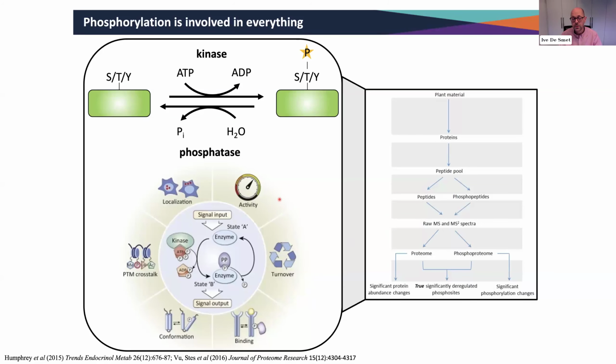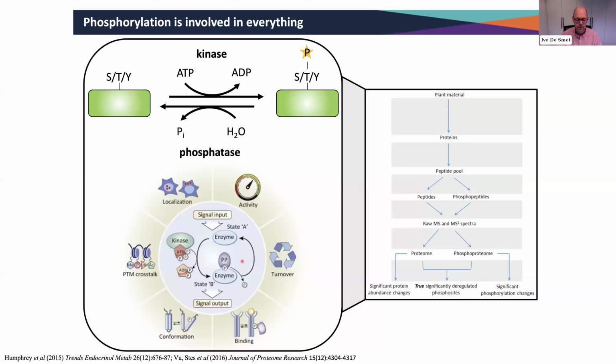So why phosphorylation? Obviously because it impacts a large number of protein-related functions: activity, the localization of the protein, crosstalk with other proteins, conformational changes, and that's why we also have been looking a little bit at structural changes, turnover, and binding with other partners.